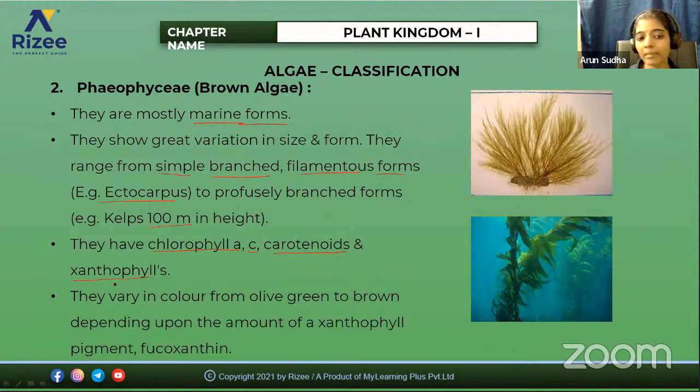They vary in color from olive green to brown, depending upon the amount of xanthophyll pigment, that is fucoxanthin. So this fucoxanthin is one of the main pigments present in brown algae. These are the things that you have to remember.